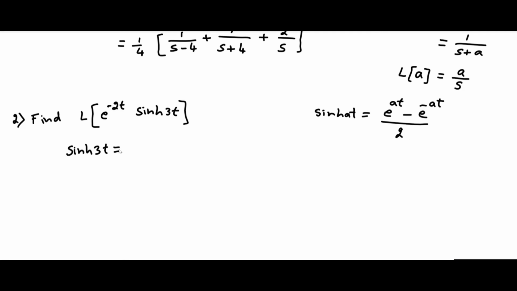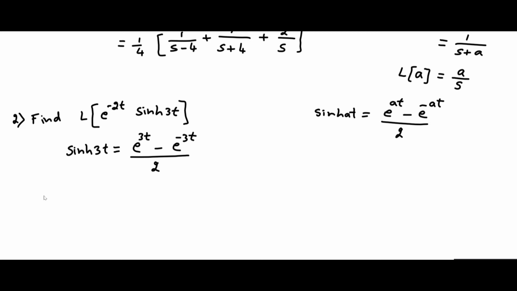So if you use this formula over here, the a value in this case is 3, so it becomes e power of 3t minus e power of minus 3t, divided by 2. Along with this, you have to multiply e power of minus 2t on both the sides.